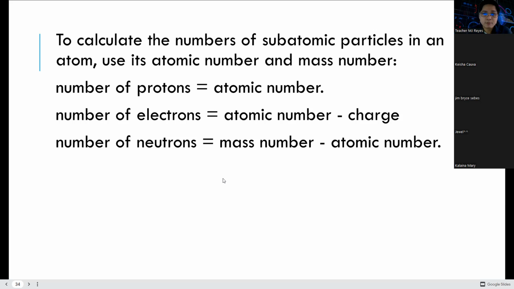Yes, correct, provided that there is no charge. These charges will change your electrons. The protons are present without any changes, but if there are charges, your electrons will be changed. Protons are constant.